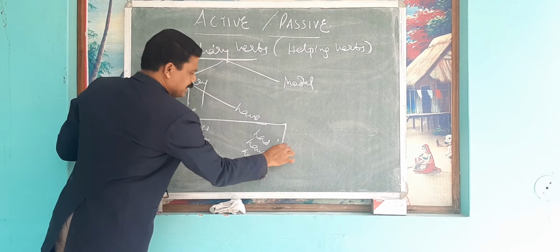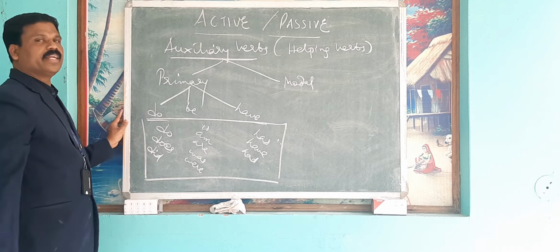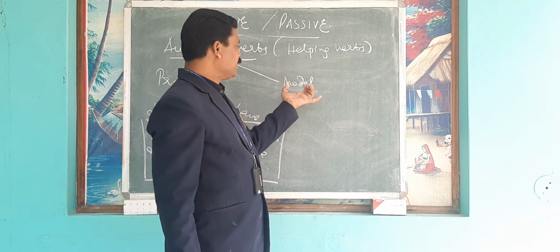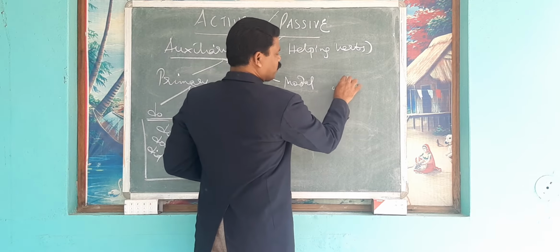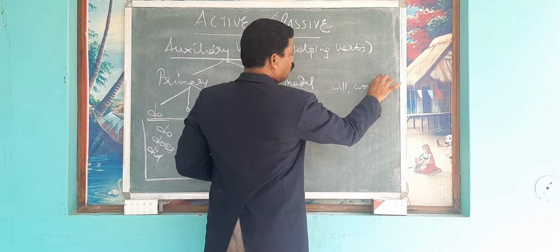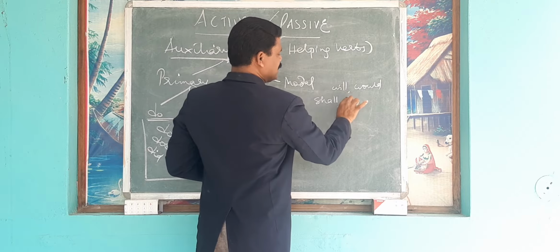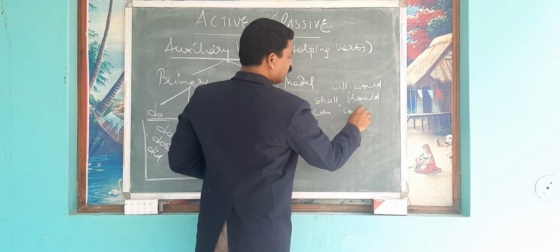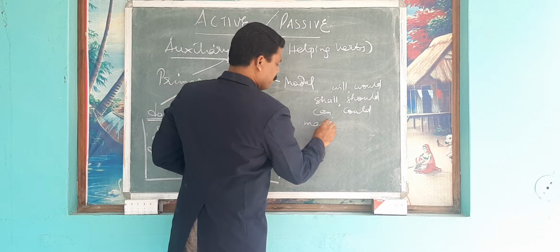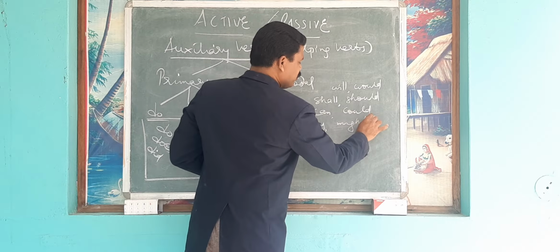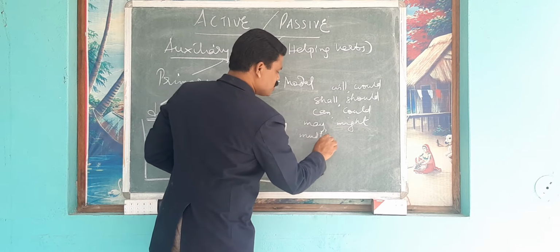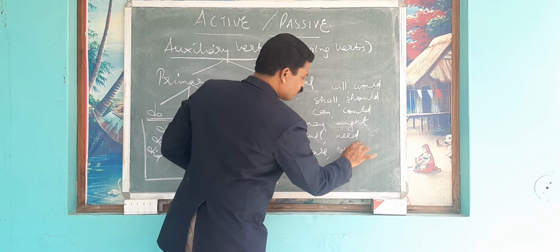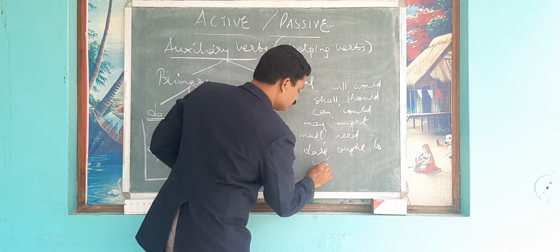So there are 11 primary auxiliary verbs, and helping verbs which come under the category of modal: will, would, shall, should, can, could, may, might, must, need, dare, ought to.